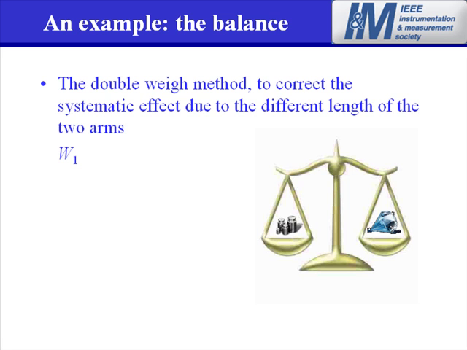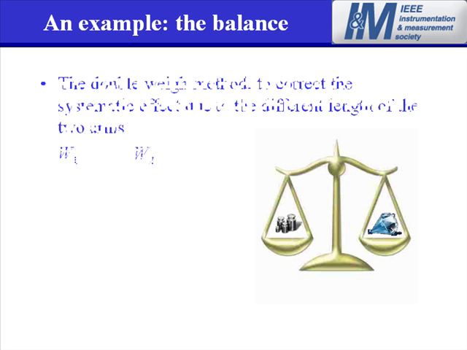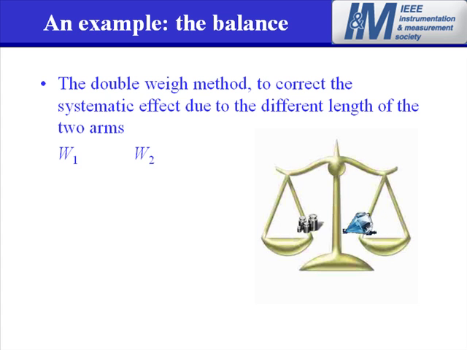So, let W1 be the measured weight with the known weights on the left pan and the unknown weight, in this case a diamond, on the right pan. Now, let W2 be the measured weight when we exchange the position of the known weights with that of the diamond.